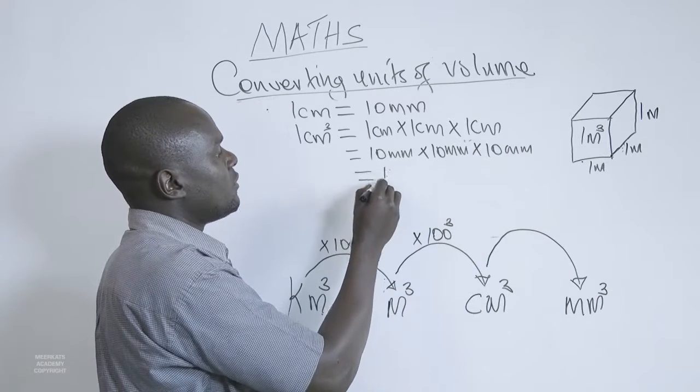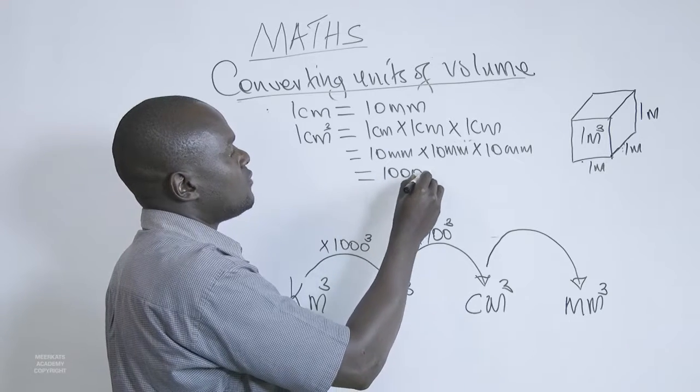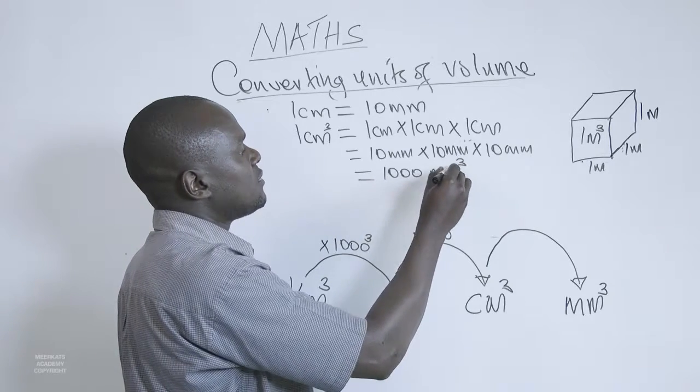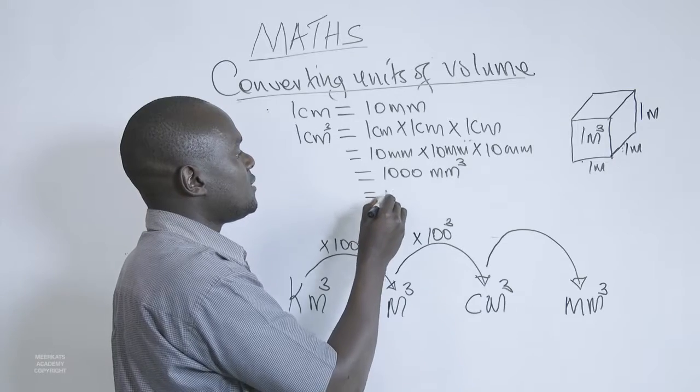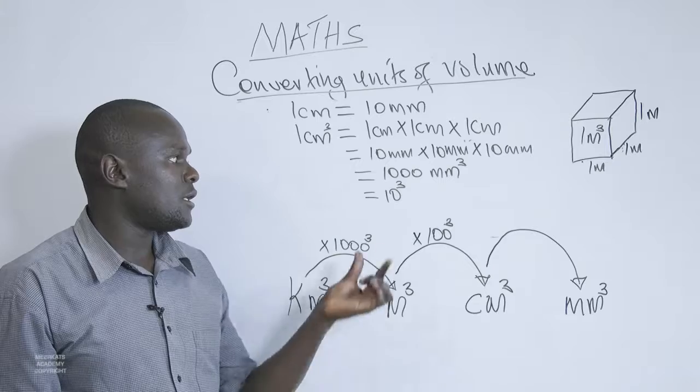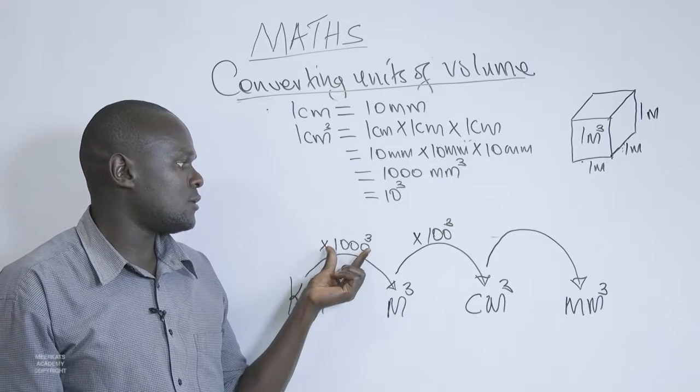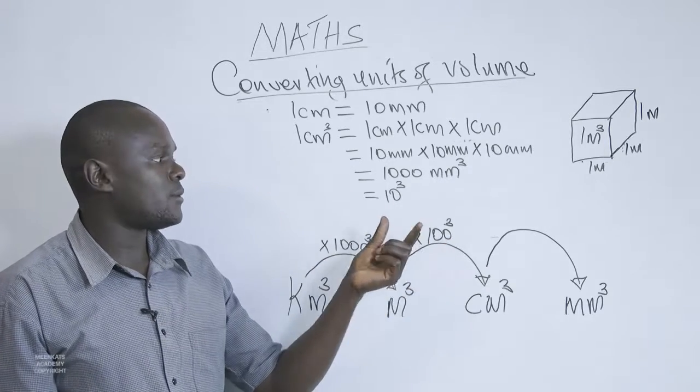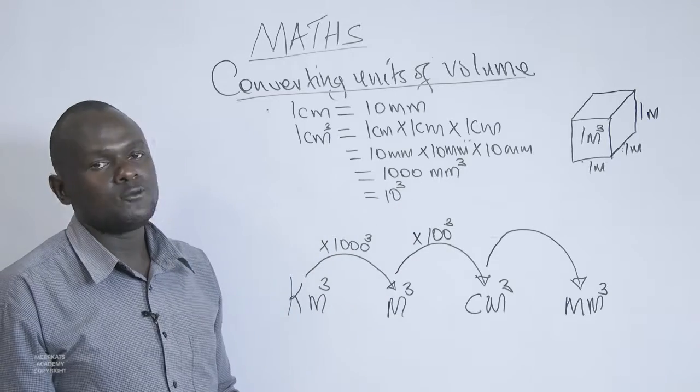This ultimately will give us 1000 cubic millimeters, which can be expressed as 10 cubed, or 10 raised to power 3. This is 1000 raised to power 3, this is 100 raised to power 3, and this is 10 raised to power 3.